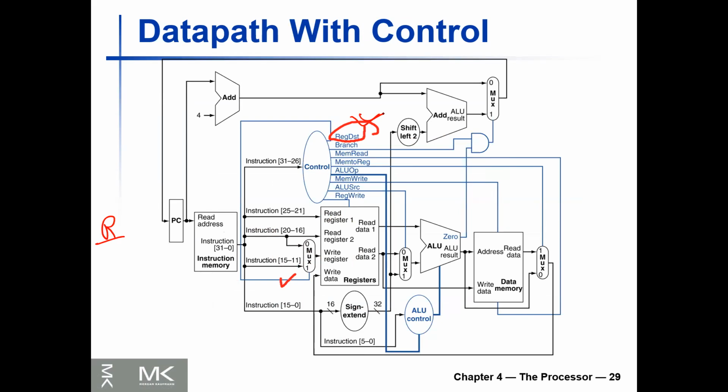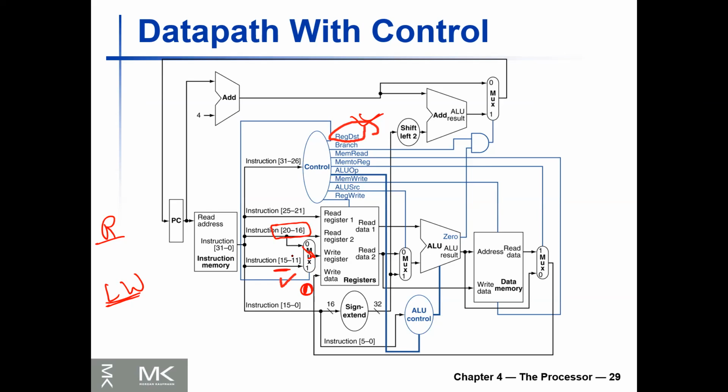R type means we have to choose these bits for the register number. Okay, it means this value should be 1. Am I right? Yes. Okay, if it is a load type instruction, we know that this is representing the right register number. So we should choose this one. So what should be the register destination value? Should it be 0 or not? Because we have to connect it like that. Input 0. Clear? Yes, clear.